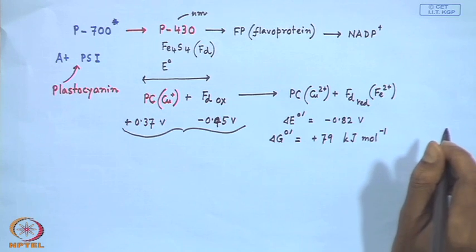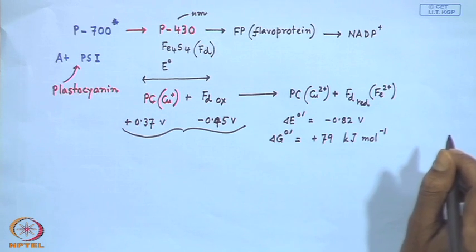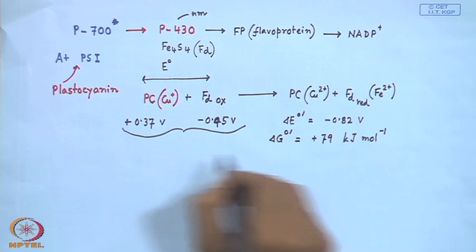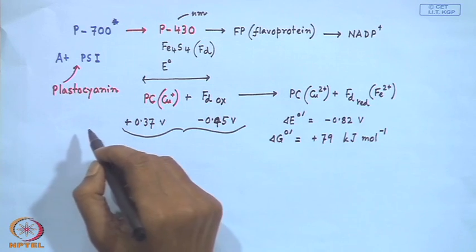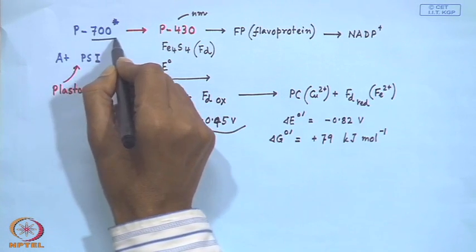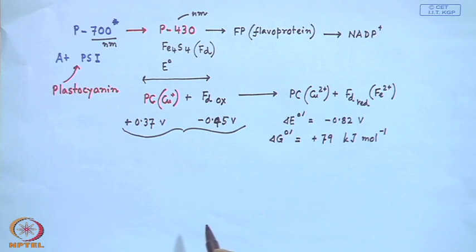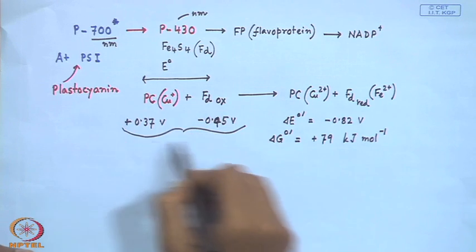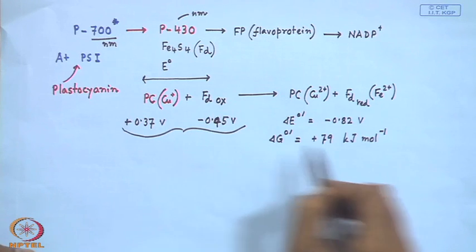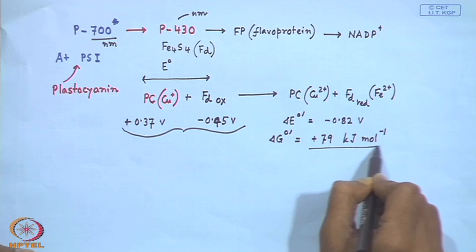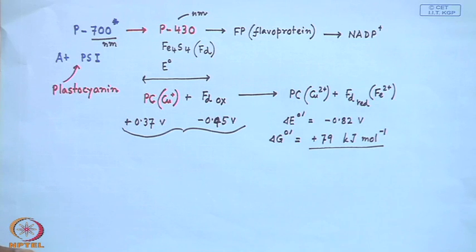In this particular case, this level is your 700 nanometer wavelength, and from that wavelength and the corresponding values, we find that only this much free energy change is available for this electron transfer.